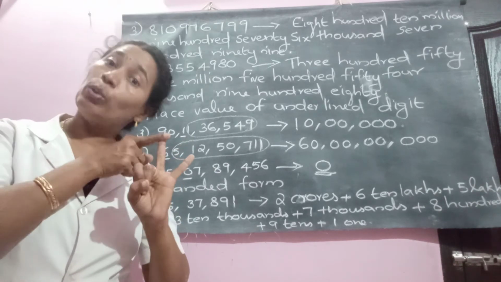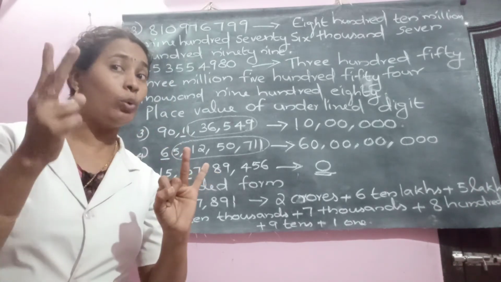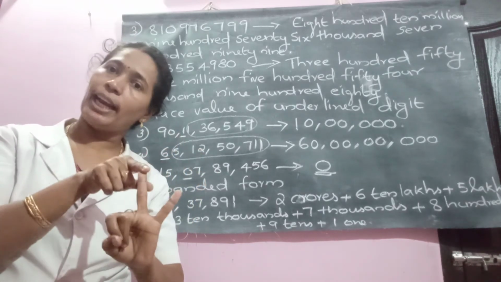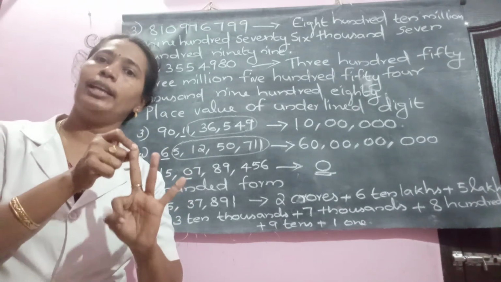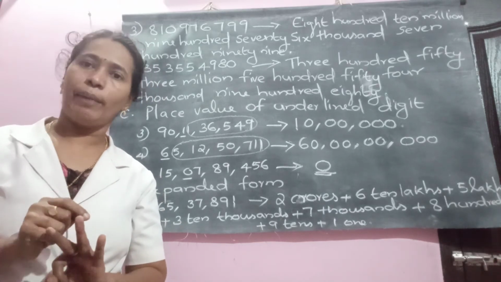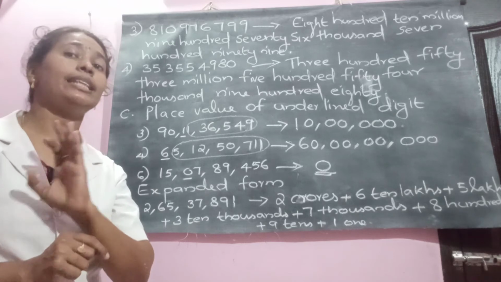Secondly, thousands period. But in previous case we have taken in thousands period 2 digits. But this is international system. So thousands period also has 3 digits. And last one is millions period. Millions period also has 3 digits. Each period has 3 digits each.